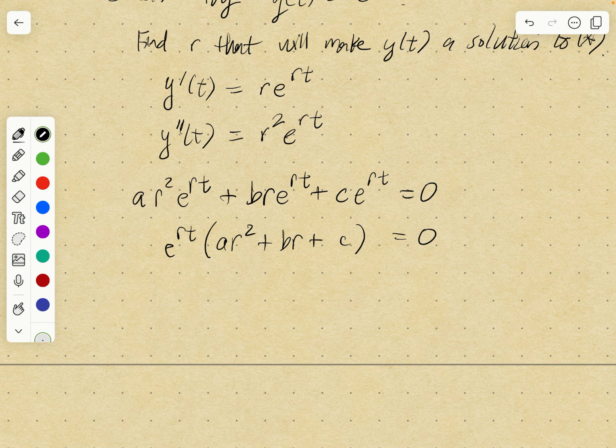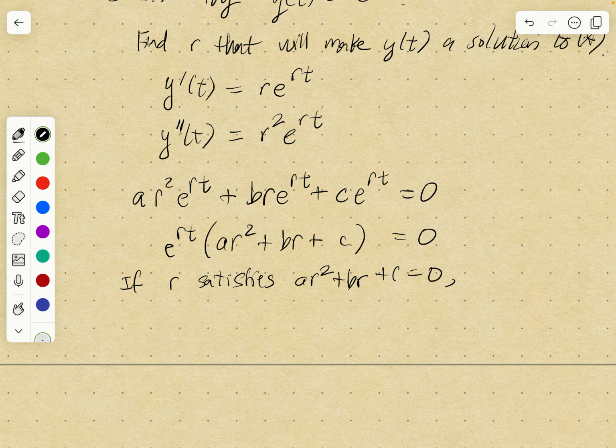So what we've shown is if r satisfies ar squared plus br plus c equals 0, right?